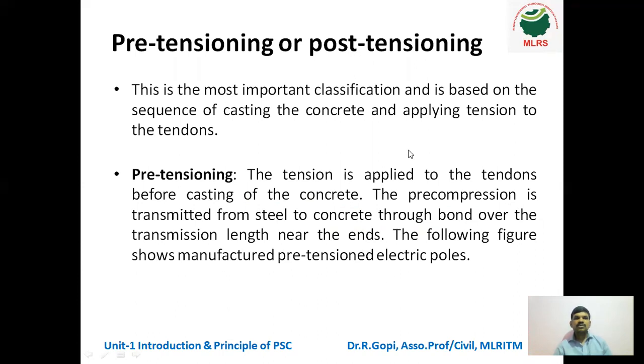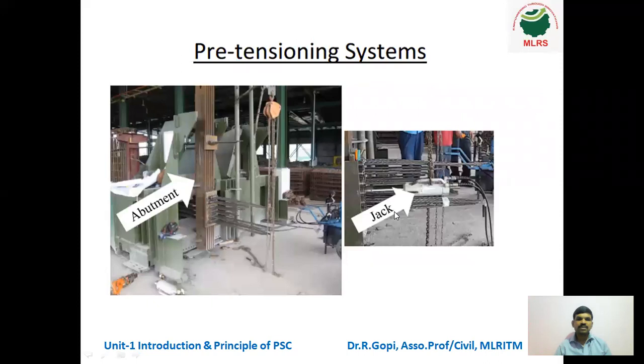Pre-tensioning is used for smaller members as well as uniform members. Take electric poles and railway sleepers: their dimensions are constant and do not vary. Compared to bridge girders, which are lengthy members, concrete sleepers and electric poles are smaller members.